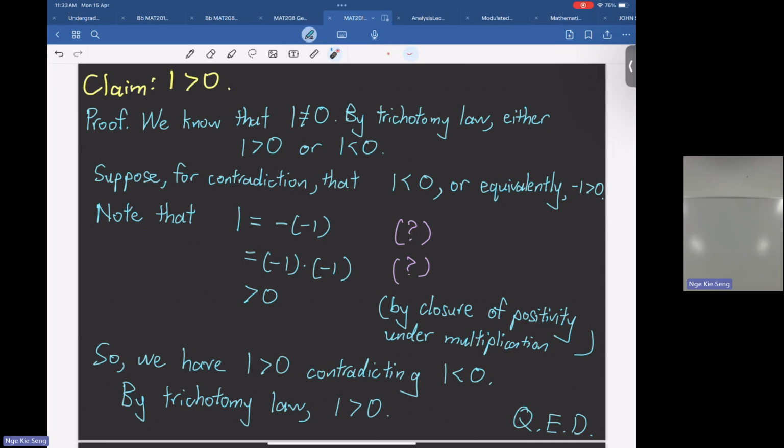It's not the one thing, not one bottle, one book, one computer, not this one. It's the thing that when you multiply it, you get the number that you multiplied back. And 0 is the additive identity. So here what I showed is that the multiplicative identity is greater than the additive identity.